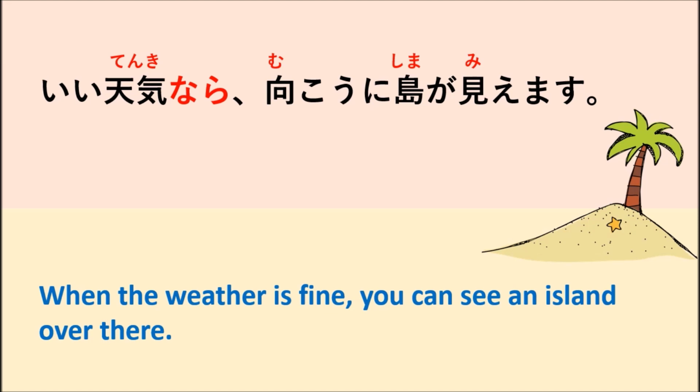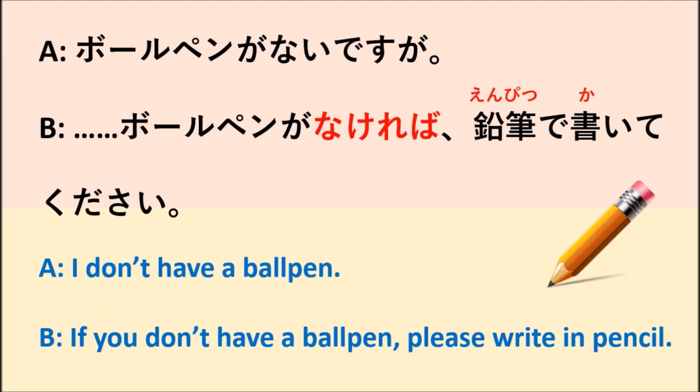いい天気なら向こうに島が見えます。Let's see another example. Here we have a conversation between Mr. A and Mr. B. Mr. A will say ボールペンがないです。Which means, I don't have a ball pen.